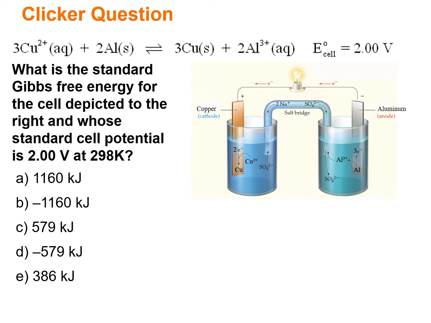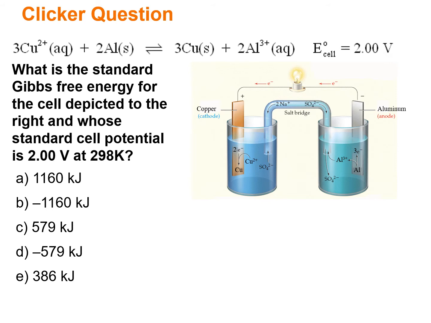So this one asks, what's the standard Gibbs free energy for the cell depicted to the right, whose standard cell potential is 2 volts at 298 Kelvin? Again, we're looking at a reaction where you have 3 copper and 2 aluminum reacting to give you copper metal plus aluminum 3 plus. So how many electrons are transferred in this?